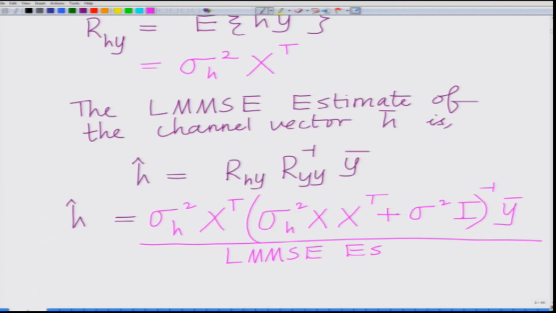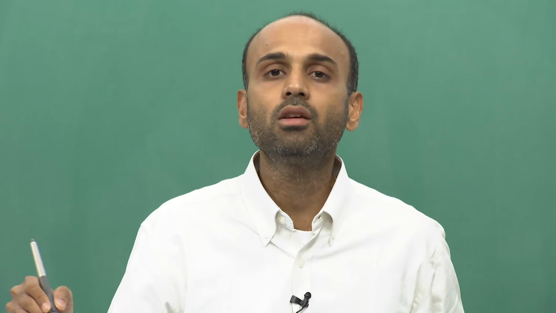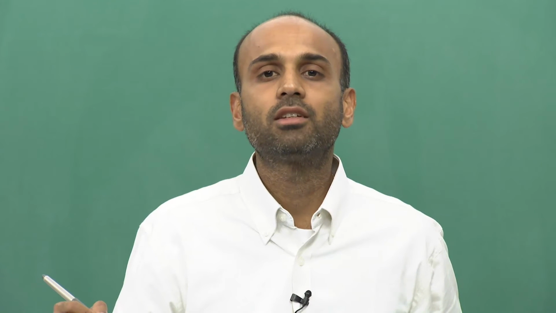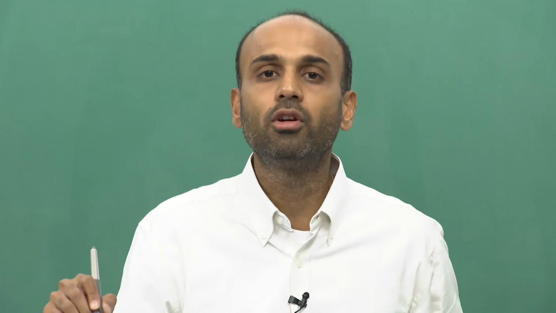This is the expression for the LMMSE estimate. Now, of course, the LMMSE estimate itself is the MMSE estimate if the channel vector h bar is Gaussian, alright. Now what we are going to do is, let me simplify this LMMSE estimate in a form that is much more convenient, and I am going to illustrate that.